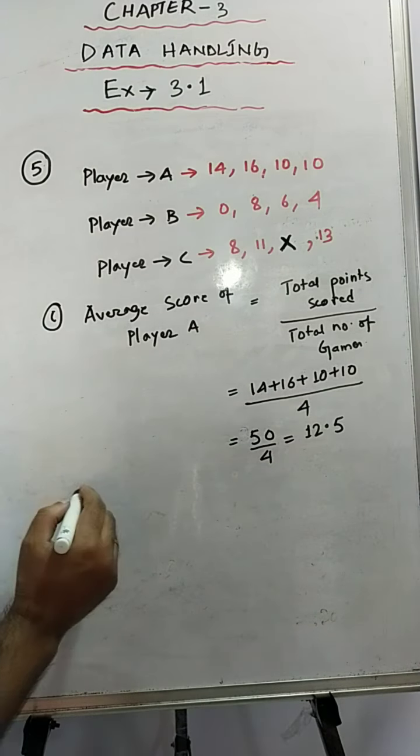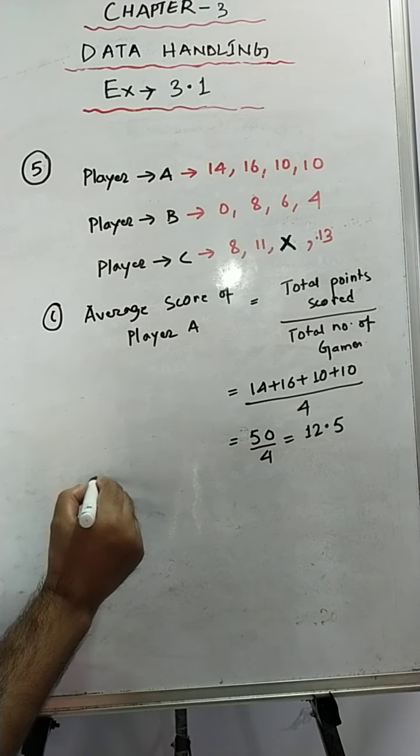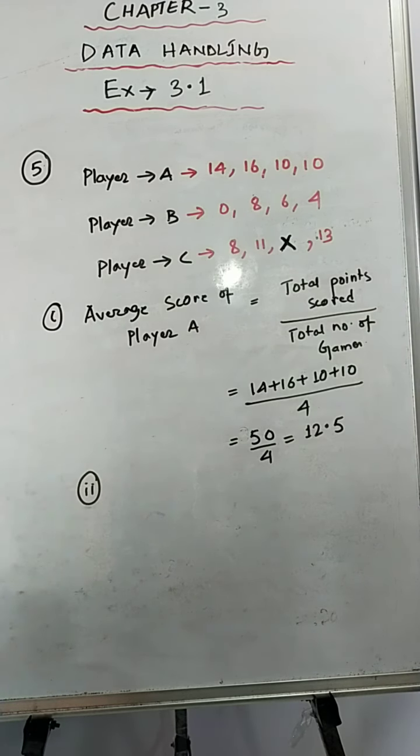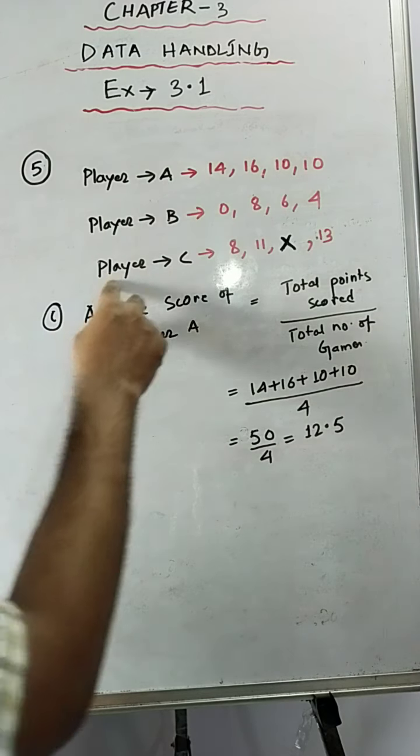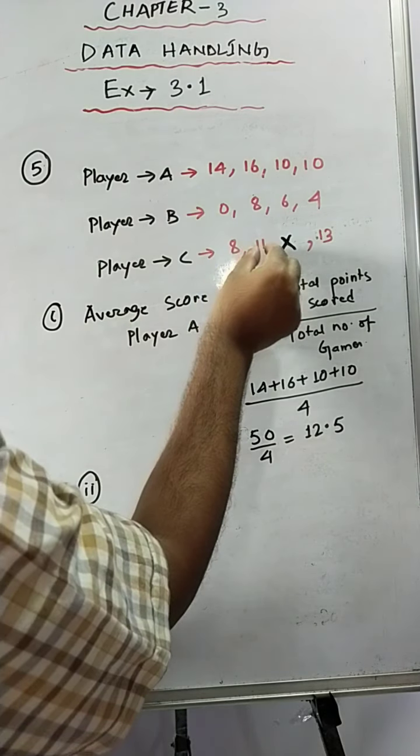Now let's see what is there in the second part. They have asked to find the mean number of points per game for player C. Would you divide the total points by 3 or by 4? You see, player C, how many games has he played? 1, 2.